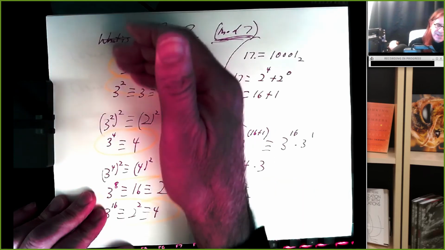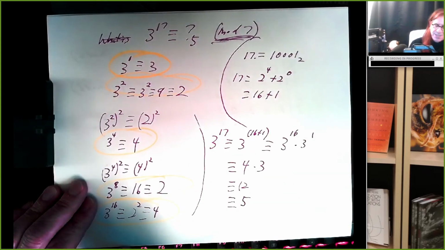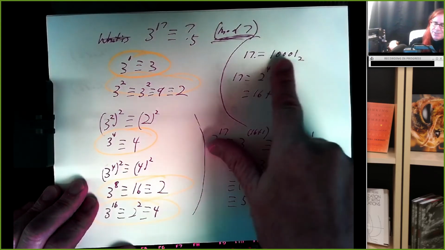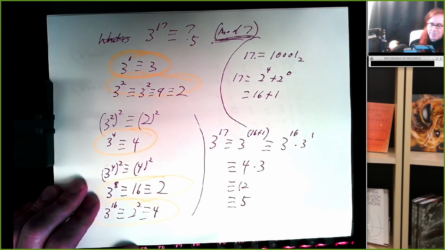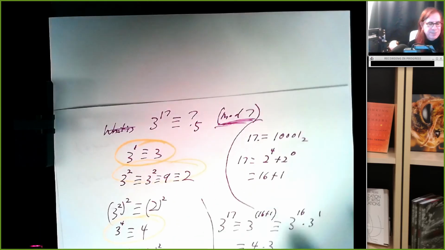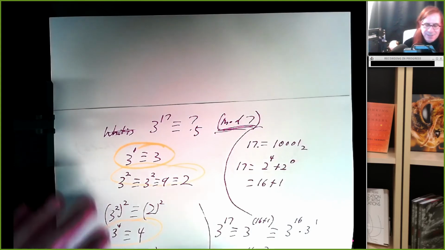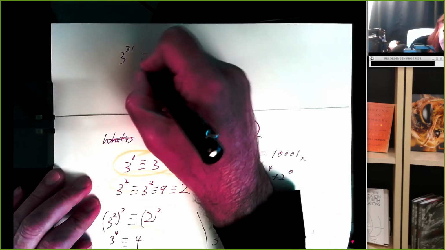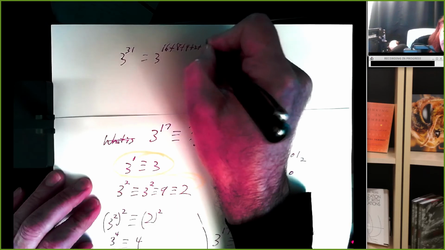And then we simply find 3 raised to each of the consecutive powers of 2: 3 to the 1, the 2, the 4, the 8, the 16. And then whichever powers add up to our exponent, we multiply those powers together. And if you're doing this by hand, and if you're doing crypto on a desert island, you'll be doing it by hand, and we wanted to know, say, 3 to the 31st, right?